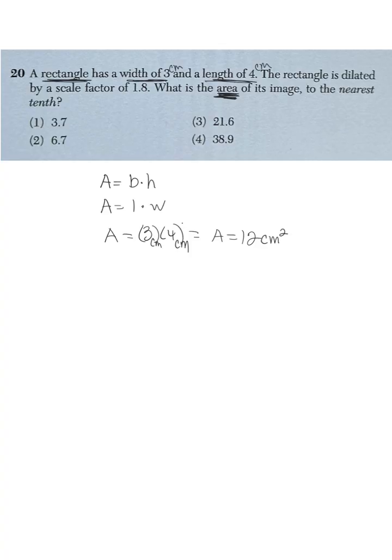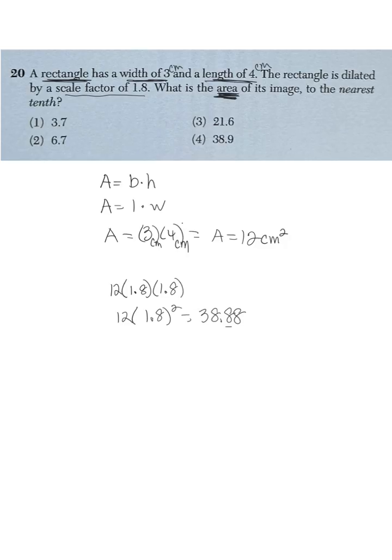So when we're trying to use a scale factor of 1.8 on an area, it's not just 12 times 1.8, it's 12 times 1.8 times 1.8. Or another way to look at it is 12 times 1.8, that quantity squared, which is 38.88.